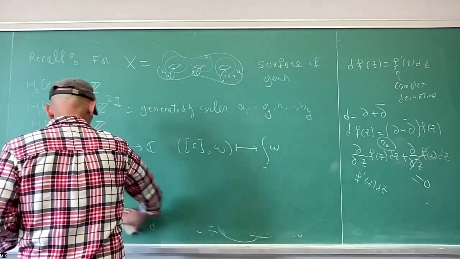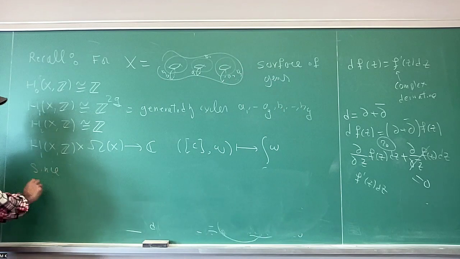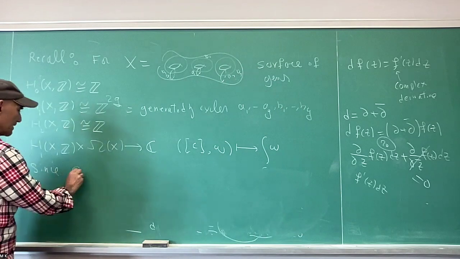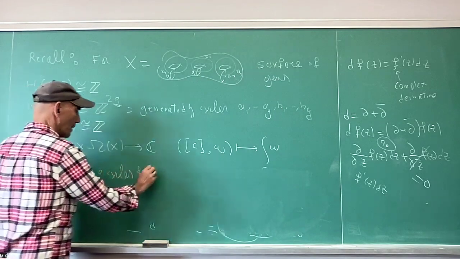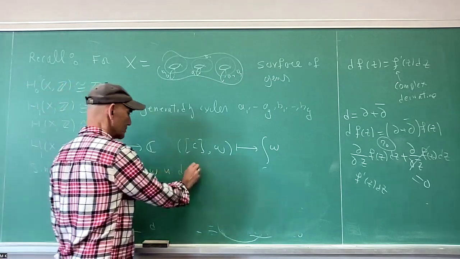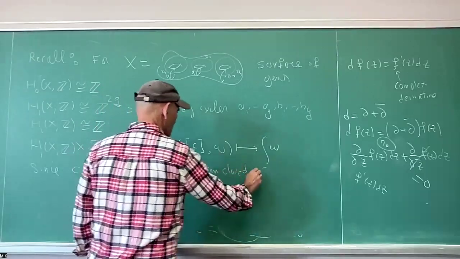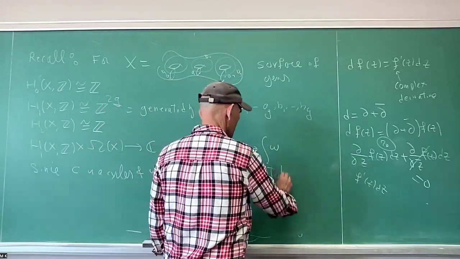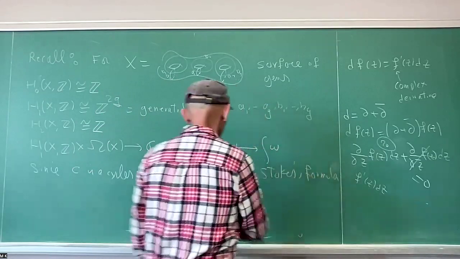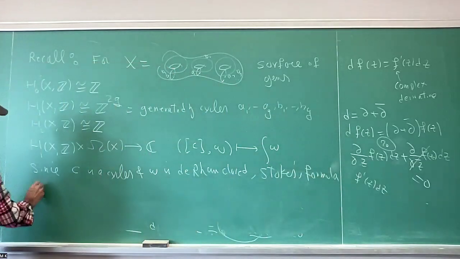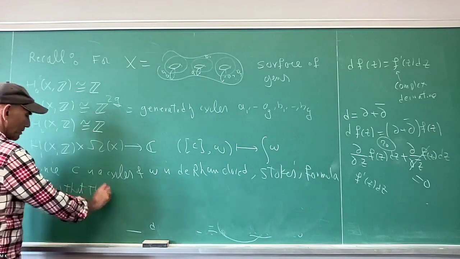Since C is a cycle and omega is Dolbeault closed, the Stokes formula shows that this pairing is well defined.